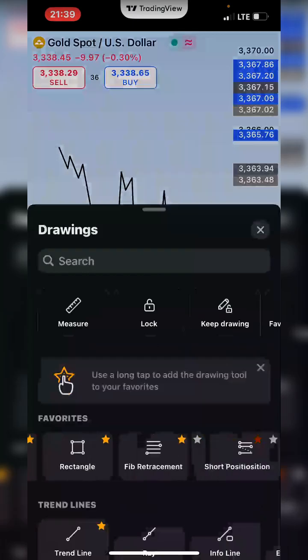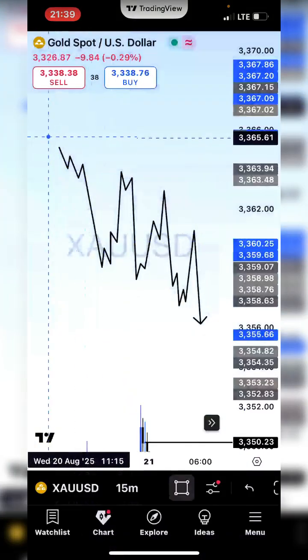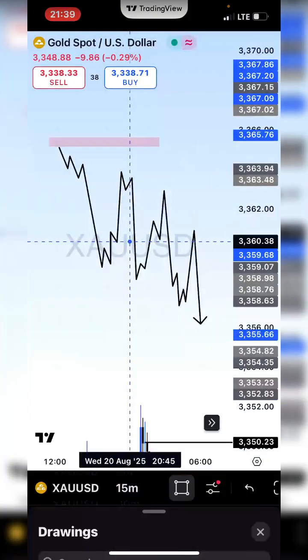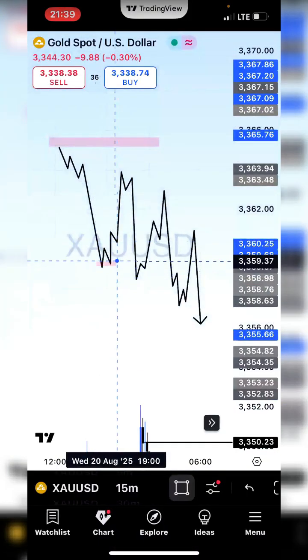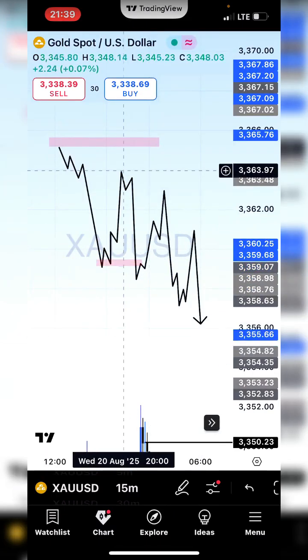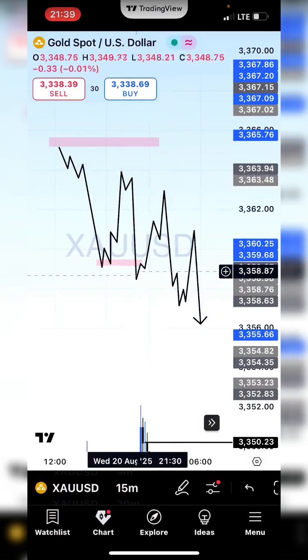So this will be a structure retest. This would also be a structure retest. Now, here again, this is the highest point, this is the lowest point. So here will also be a structure retest. Here will be a structure retest.